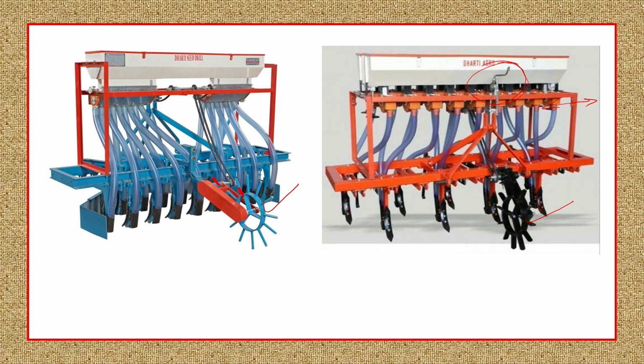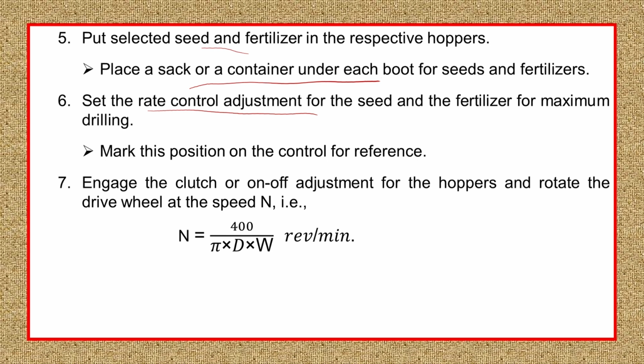If we move to the right, the grooves of the metering mechanism are exposed more to the seed, and that's how they carry more seeds. If you move this lever to the left, the length of grooves exposed to the seed is reduced, and that's how the quantity of seed metered in every revolution will be reduced. While calibrating, care must be taken to ensure that the rate control adjustment lever is kept at its maximum.